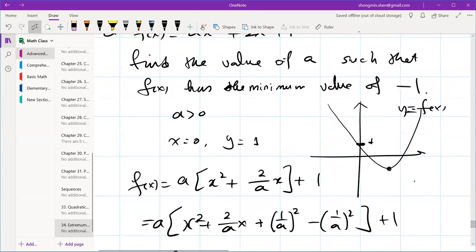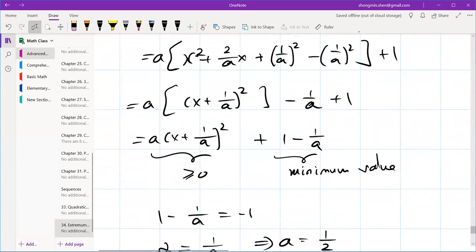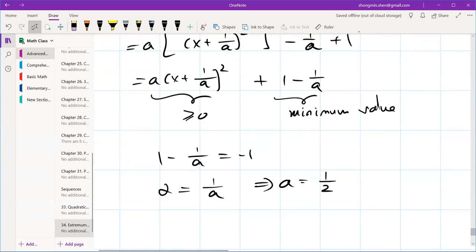So it cannot be -1. It's never reached. So no solution. But here we just say the minimum value is -1. Then based on our computation, we get one single solution. All right. So that's it.